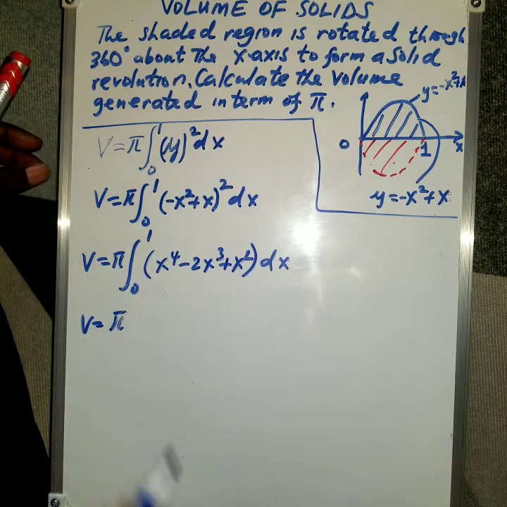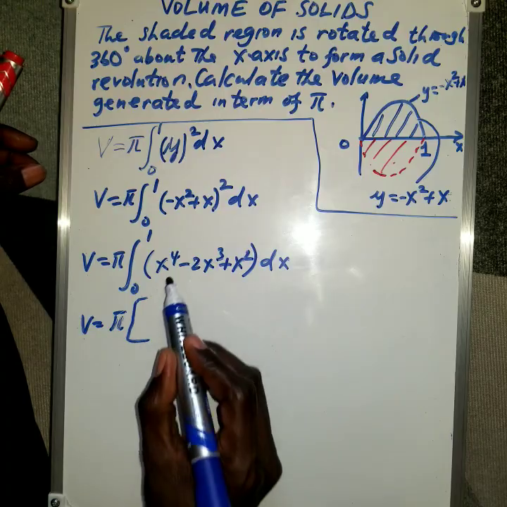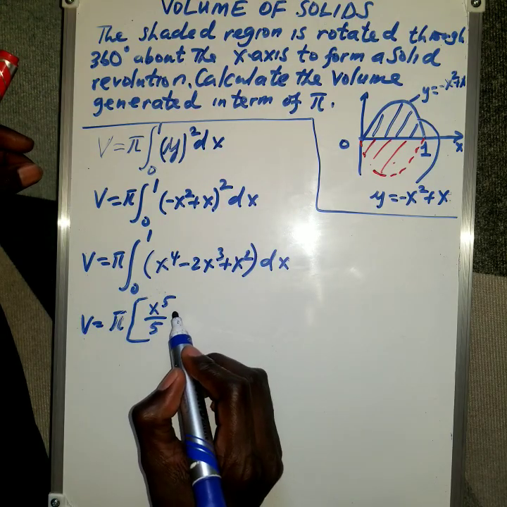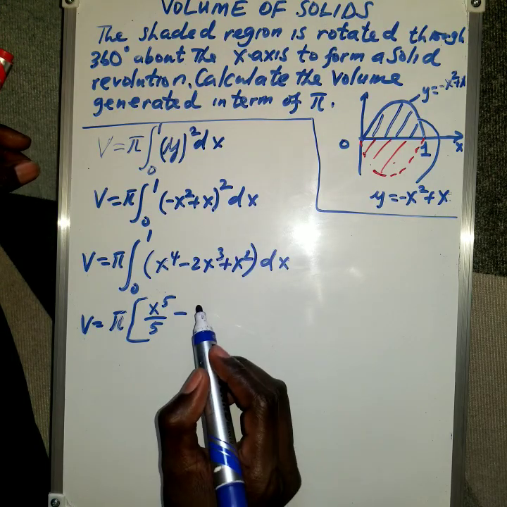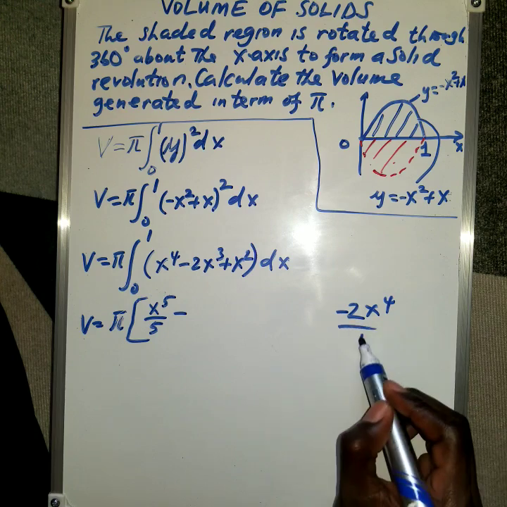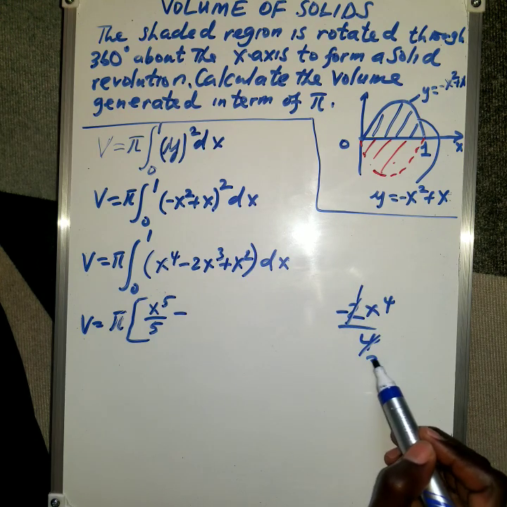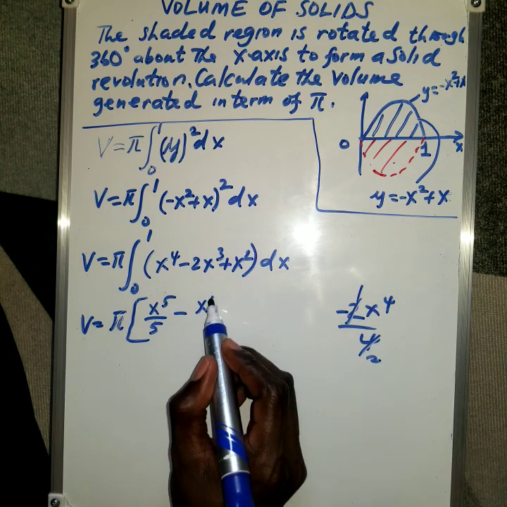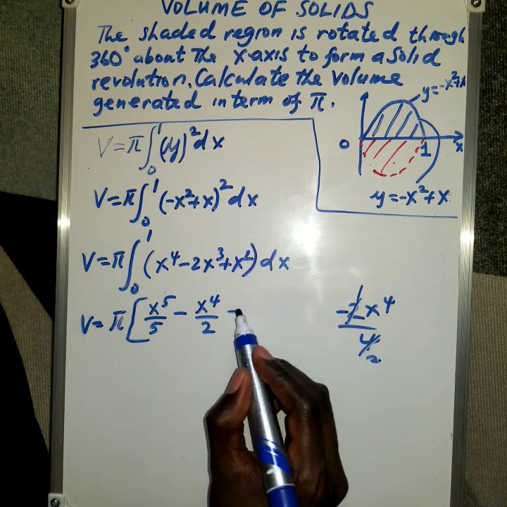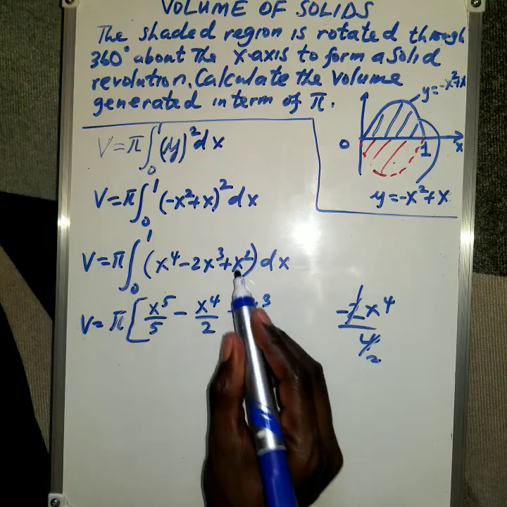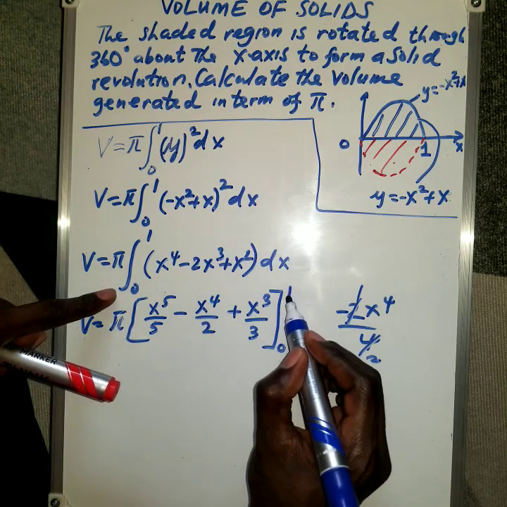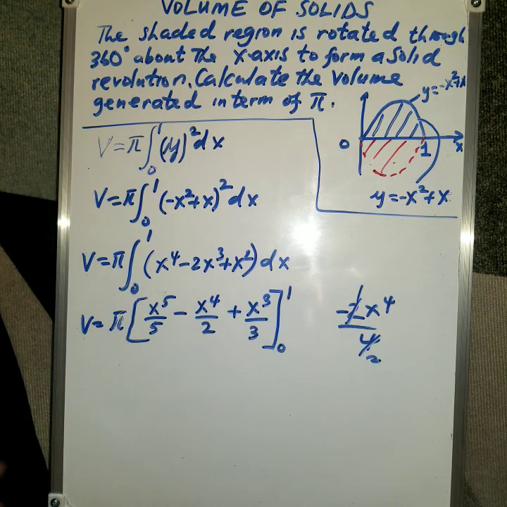So it will be x to the power 5 over 5, minus 2x to the power 4 divided by 4, but the 2 and the 4 simplify, so it gives just negative x to the power 4 over 2. Then this one plus 1 gives x to the power 3 divided by the new power, which is 3. Then we attach the limits 0 and 1. That's what we mean.